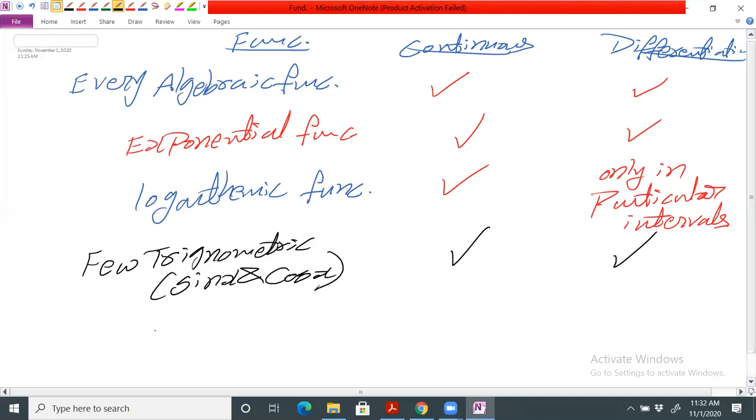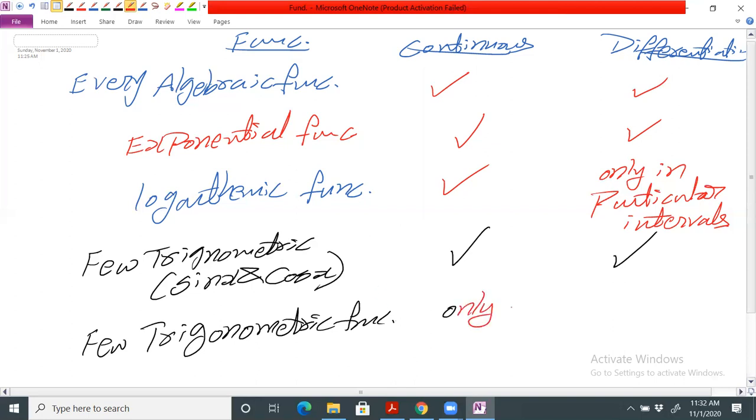But when we take the other trigonometric functions like tan or cot, the remaining trigonometric functions are continuous only in some particular intervals, and in the same manner, differentiable only in some particular intervals.